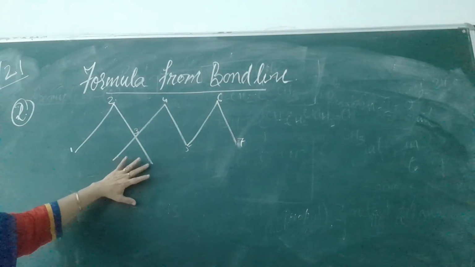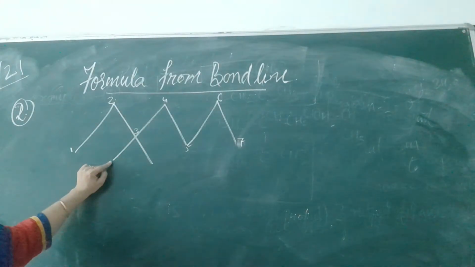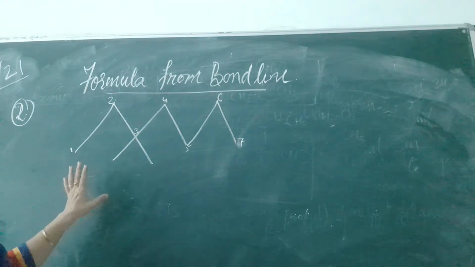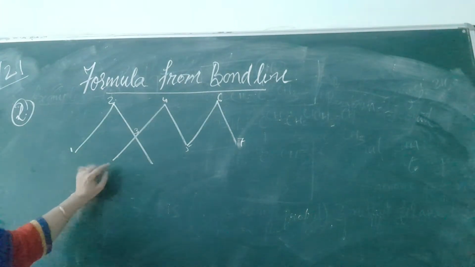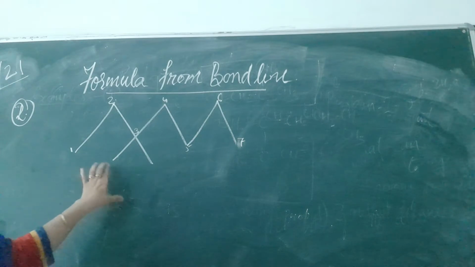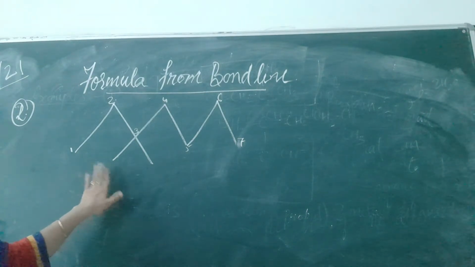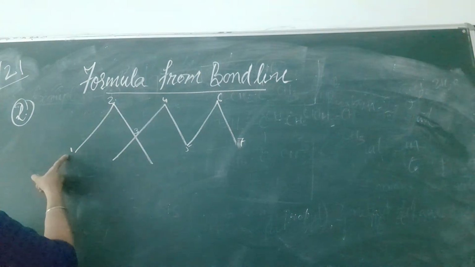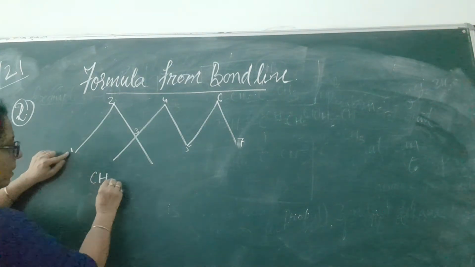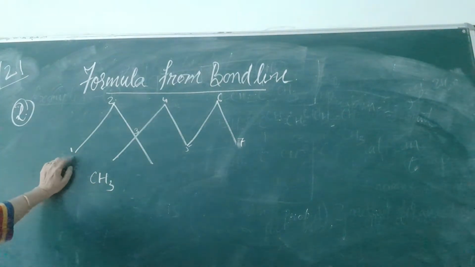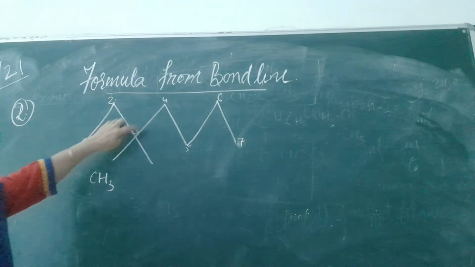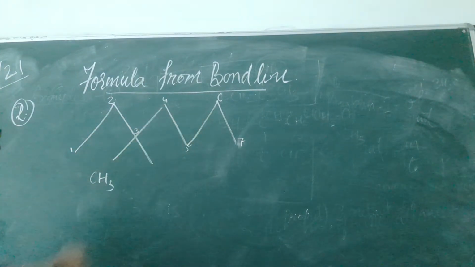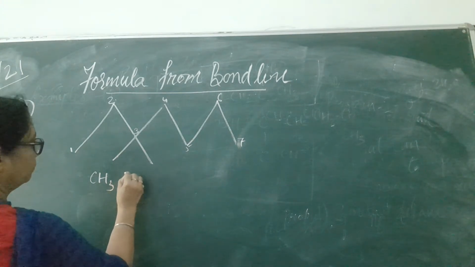Wherever a bond ends with nothing written there, it is understood that a methyl group is present there. It comes under an understood bond. So the first terminal end we write as methyl group CH3. Then you count 1, 2, 3, 4, 5: 5 CH2 groups are there.